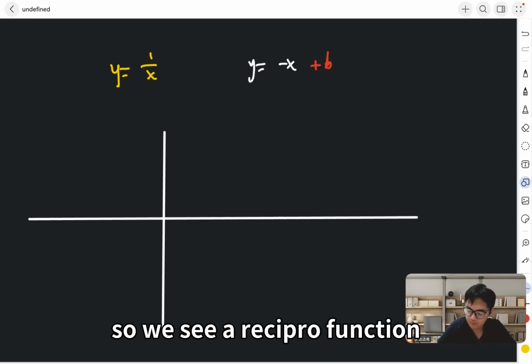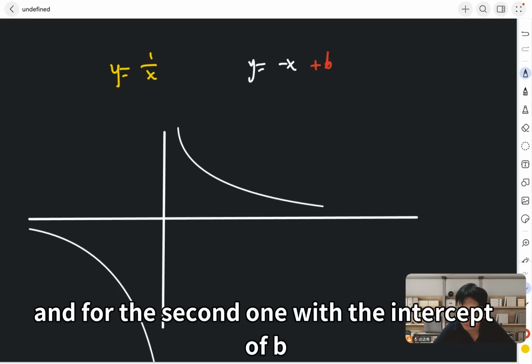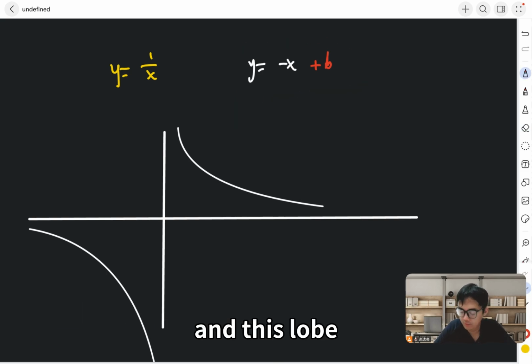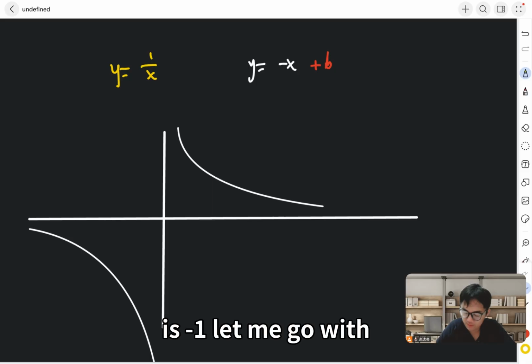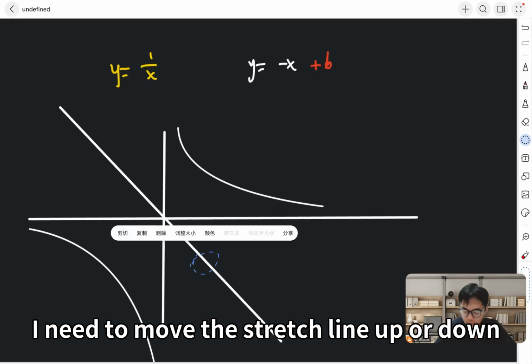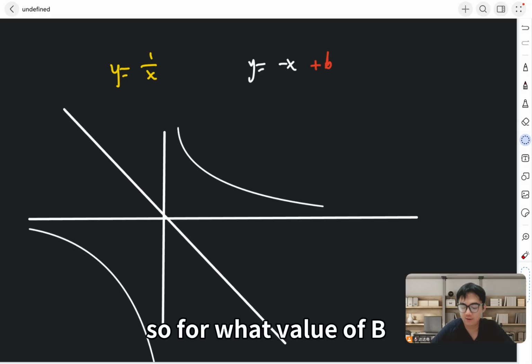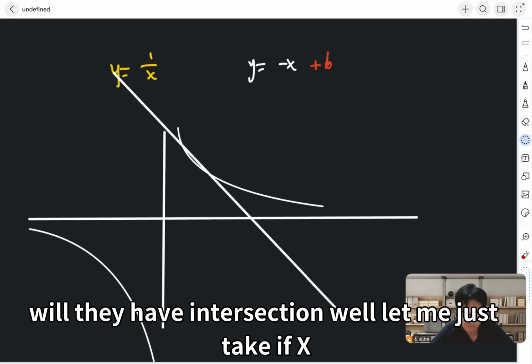So we see a reciprocal function, and for the second one with the intercept of b, and the slope is -1. Let me go with this line. So I need to move the straight line up or down. So for what value of b will they have intersection?